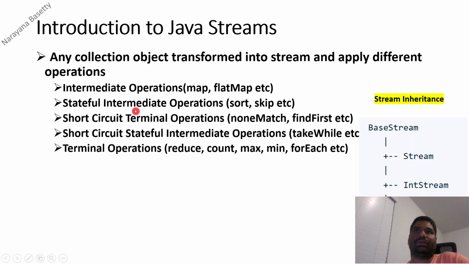If you apply a stateful intermediate operation, say you want to sort your data sets, you need to manage, maintain and preserve the data, so at that time you need these operations. Say a short-circuit terminal operation. Terminal means your pipe begins, your pipe ends, that means your job is computed and done. Short circuit means it will not invoke 100% from your begin to end.